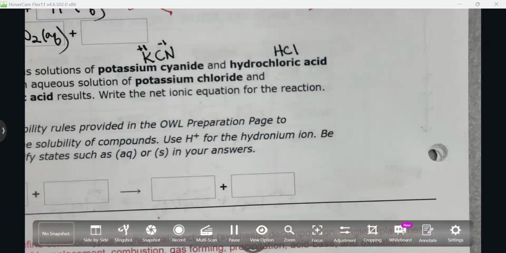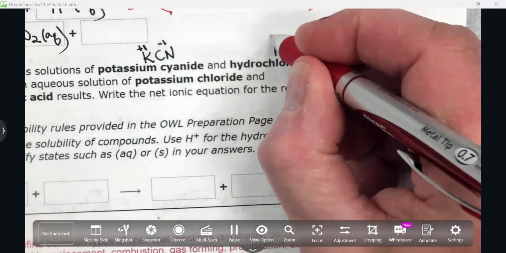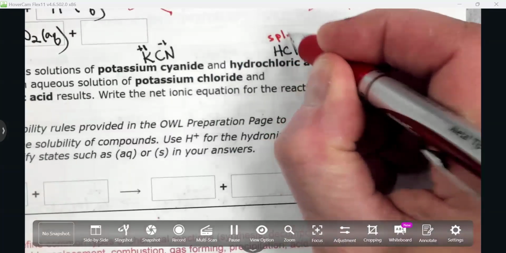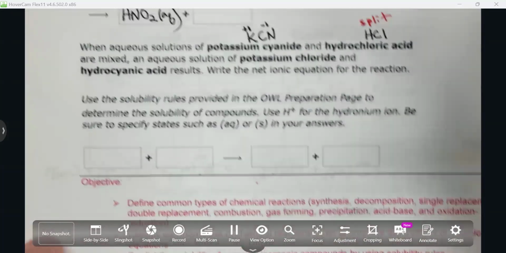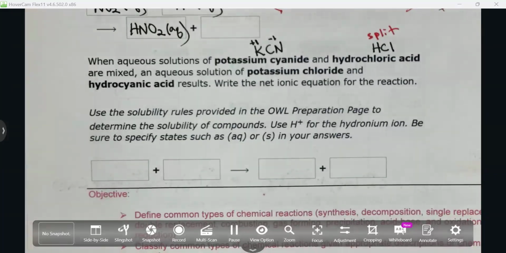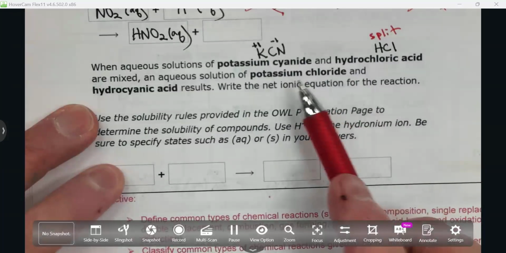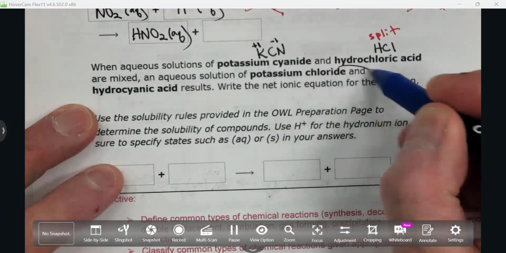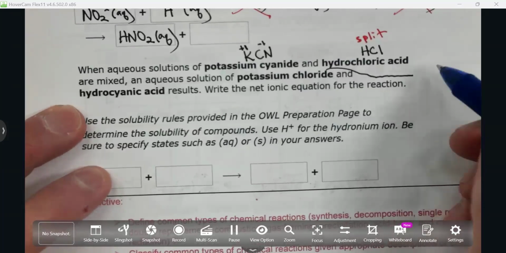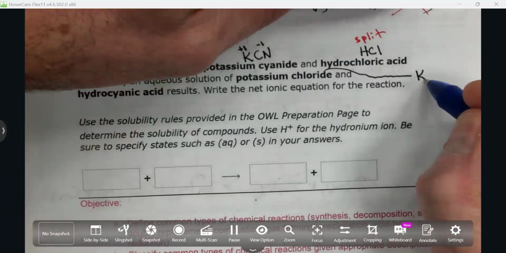Strong acid or weak acid? Strong acid, right? We know we're going to split this baby. Maybe split isn't the right word. I don't know. Split. Maybe Taylor Swift's next song. Huh? We get potassium chloride, just KCl.